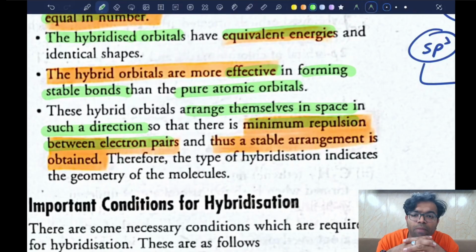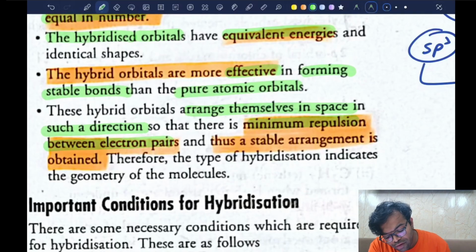So the problem that we were having in the valence shell electron pair repulsion theory is now to some degree solved by using hybrid orbitals. They arrange themselves in such a way so as to create the least amount of repulsion. Always.